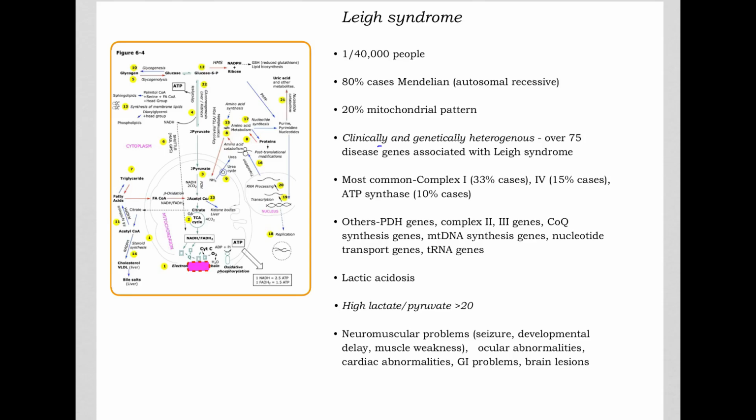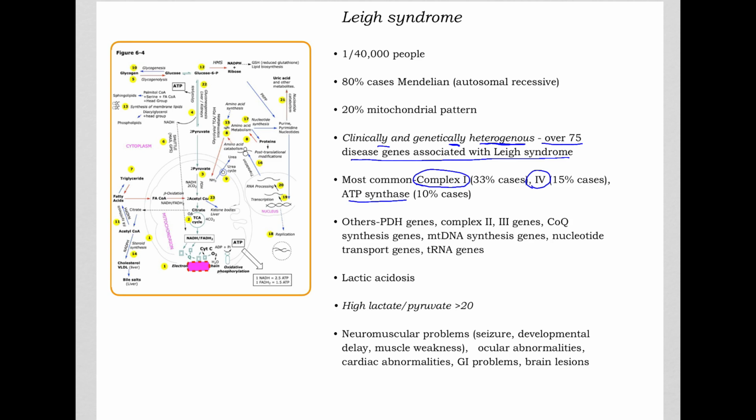Clinically and genetically, this is a very heterogeneous, very diverse disease, because many different enzymes are affected in this syndrome. The most common are the genes encoding complex 1, complex 4, as well as ATP synthase.